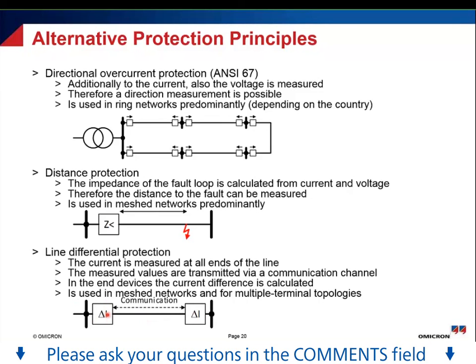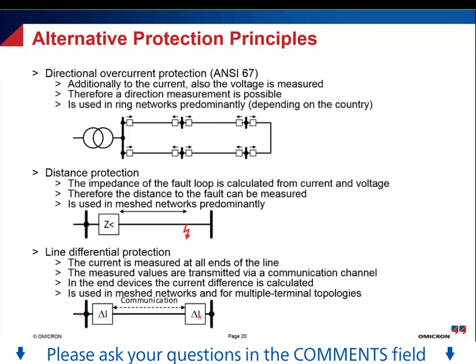And if they find there is a difference between both sides, then they can operate. If there is a difference, then the current flows somewhere where it should not go, which typically is an indication for a fault. So then the circuit breakers on both sides can trip. Line differential protection is typically used in mesh networks and also for more complicated topologies, such as multiple terminal topologies.